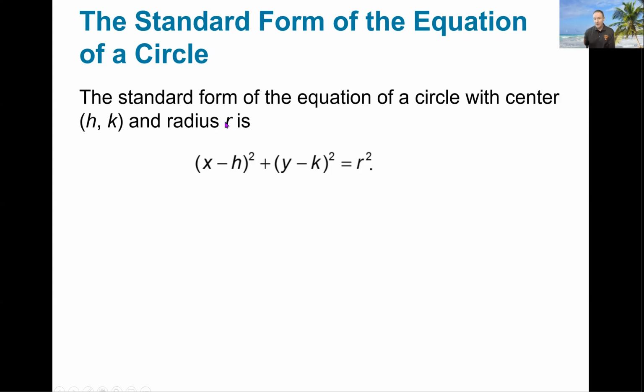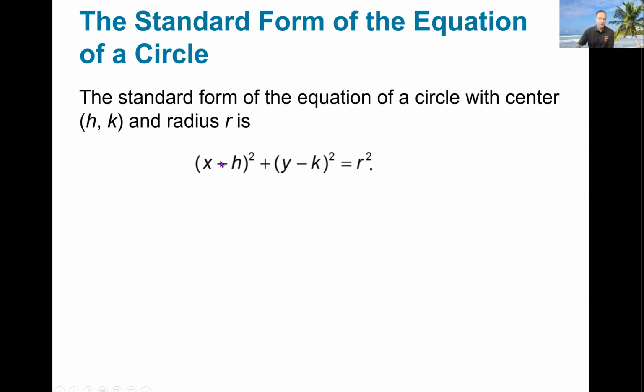Now, this goes back to horizontal shifts, where if it's shifted h units to the right, it's always x minus h quantity squared. If it's shifted h units to the left, it'd be x plus h quantity squared.